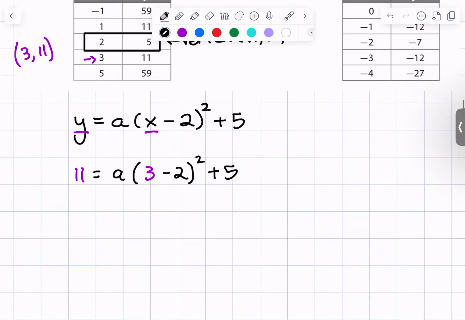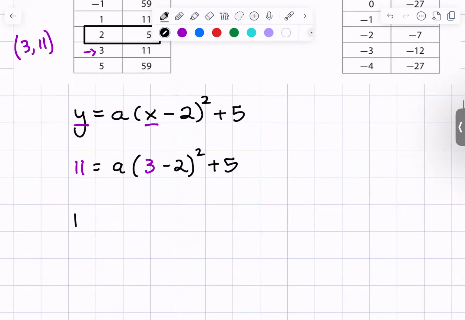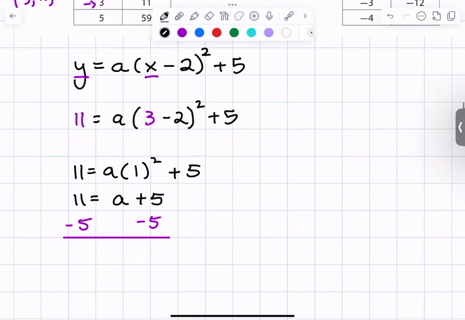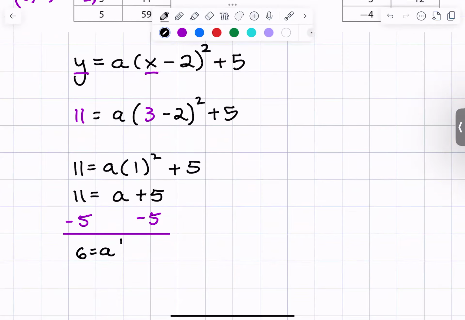So I can solve for a by simplifying this. 11 equals a times 1 squared plus 5. 1 squared is 1, so that's just a plus 5 equals 11. So now I'm going to subtract 5 from both sides and get 6 equals a, right?